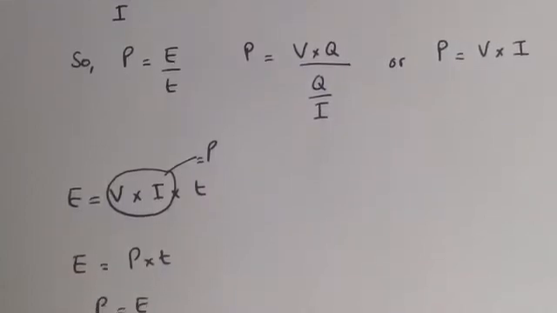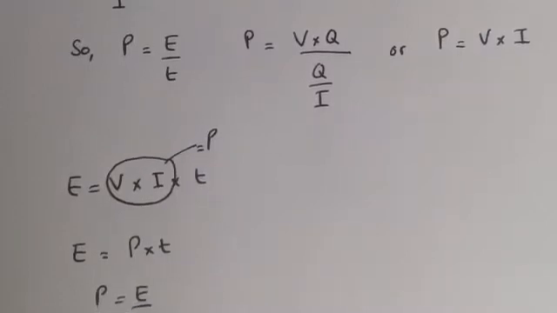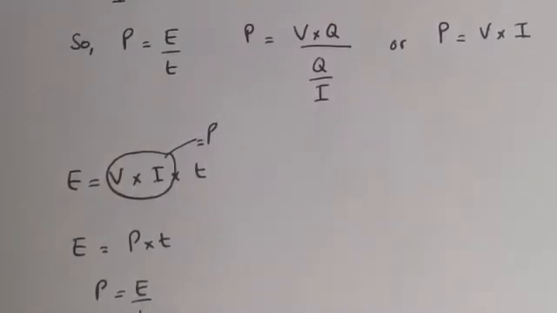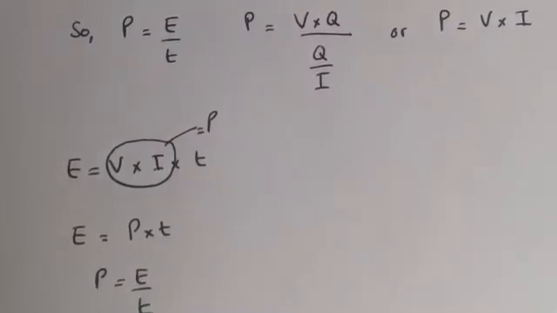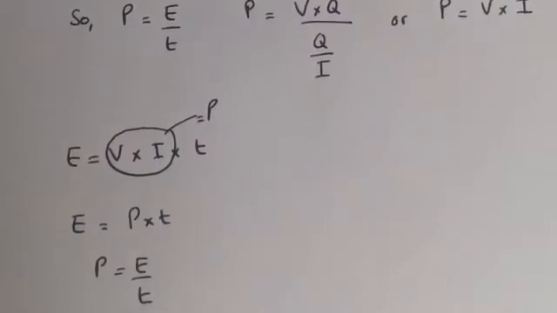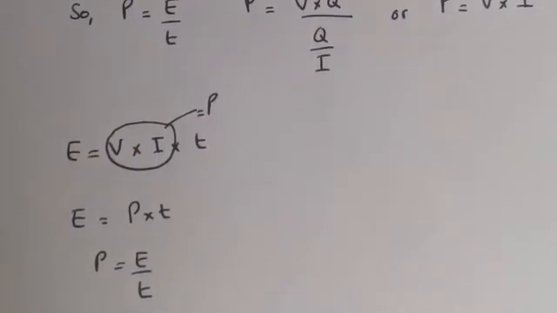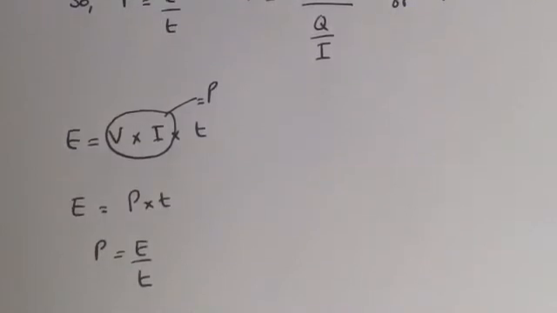Now remember, we said energy transferred was voltage times current times time. Well, if power is current times voltage, we can replace the I and V in that equation with a P. Energy is power times time. And when you rearrange that, power is energy transferred divided by time.